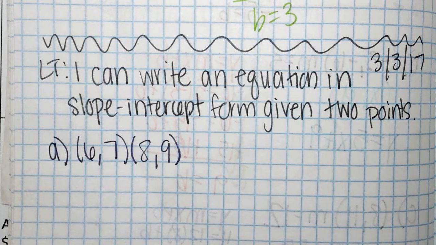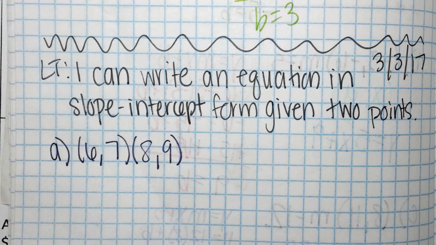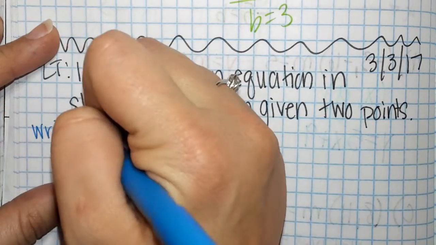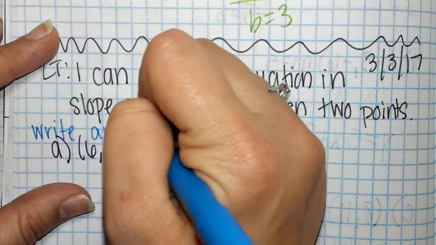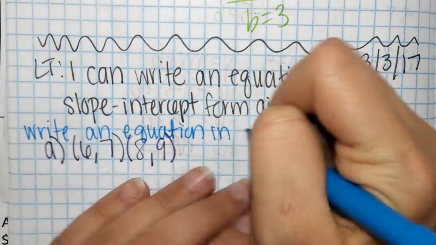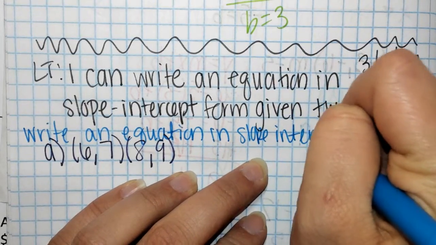Okay, so our first one says 6, 7, and 8, 9. And the directions say, write an equation in slope-intercept form.